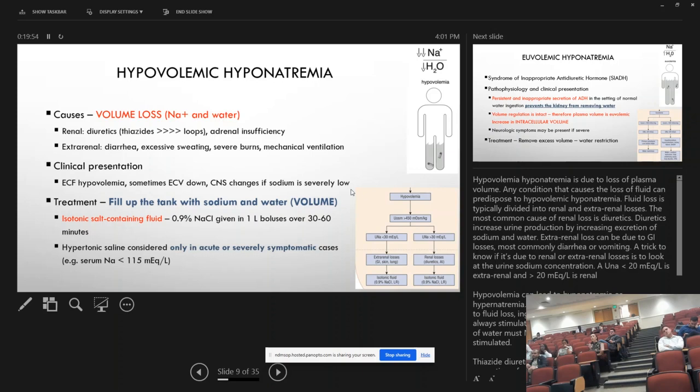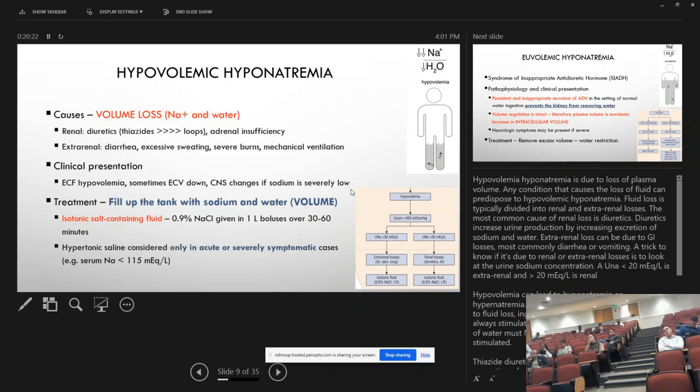Clinical presentation depends on the patient's extracellular fluid and effective circulating volume, right, on how they present. If they have severe intravascular volume depletion, they're going to have signs and symptoms suggestive of that, so decreased perfusion. And then they may have CNS changes if the sodium is severely low.